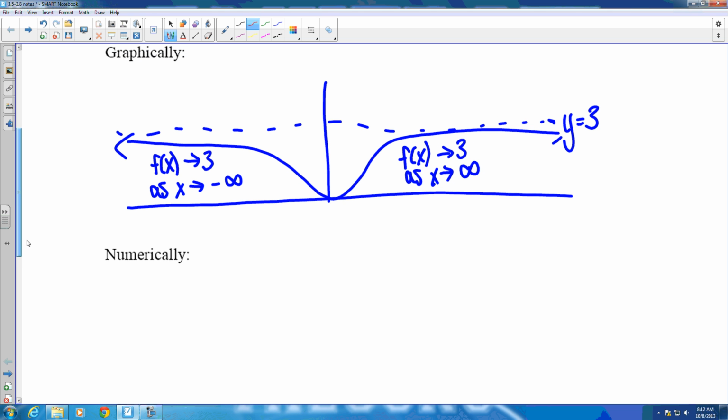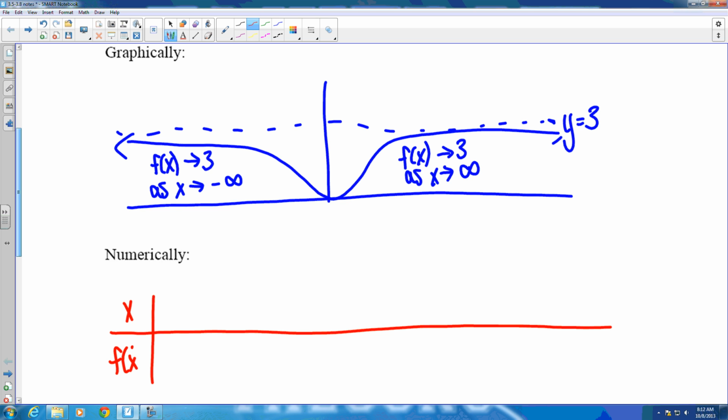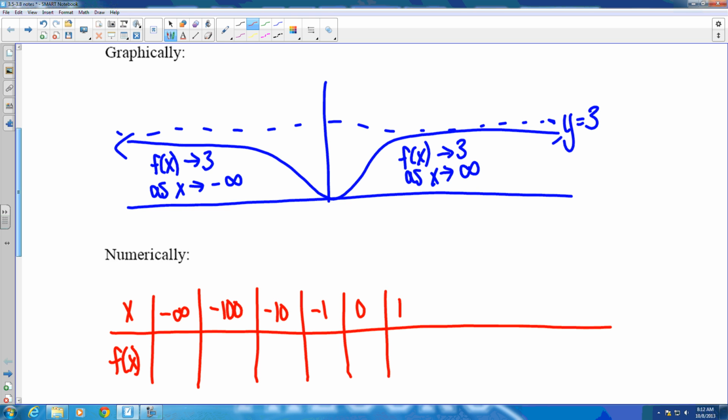And then numerically we would make a table, x values, put them into our function. We have to kind of guess what's happening at negative infinity as we get bigger numbers. Negative 100, negative 10, negative 1, 0, and then the same thing in the positive direction.